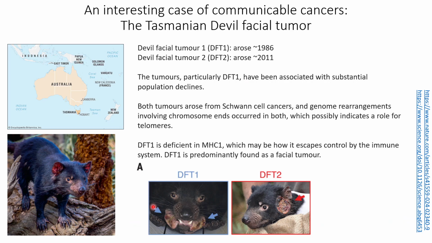Okay, so this is just something I thought I'd go into. And the last slide I had, sorry, it's going over time, is an interesting case. This is about the Tasmanian devil. Typically you guys have heard about cancers not being communicable, right? If someone has a cancer, it will not necessarily transmit to the next person in the room, even if they were to contact each other in some way.